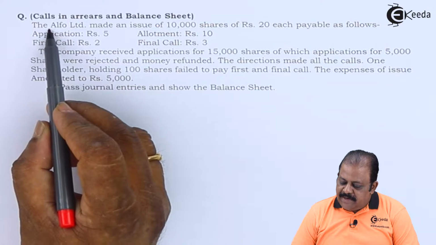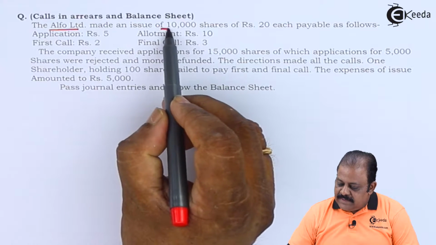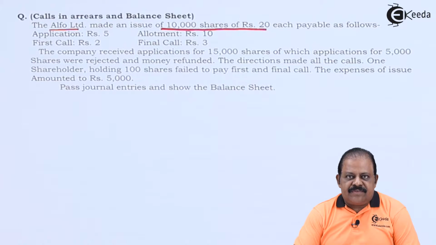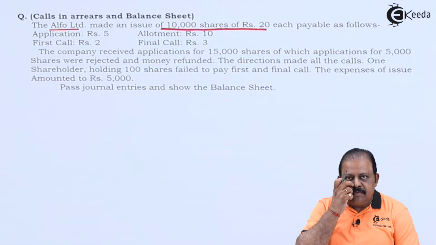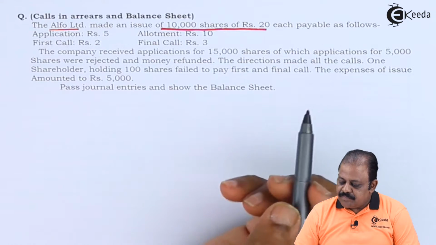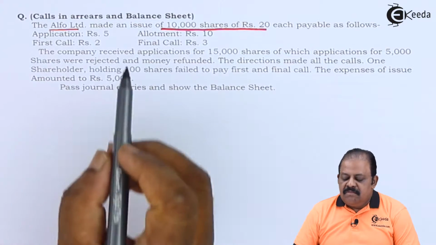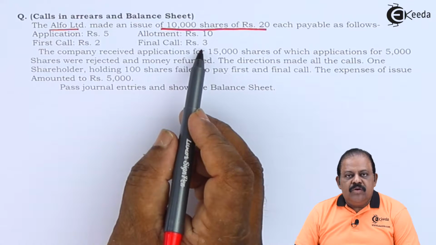The Alfo Limited made an issue of 10,000 shares of rupees 20 each, payable as follows: on application rupees 5, allotment rupees 10, first call rupees 2, final call rupees 3.